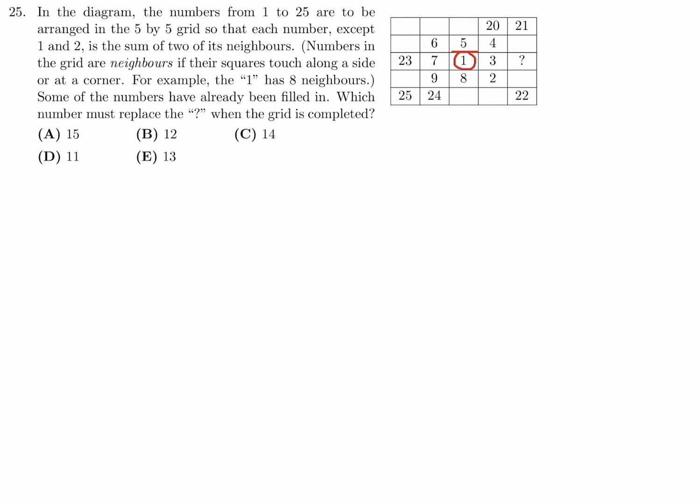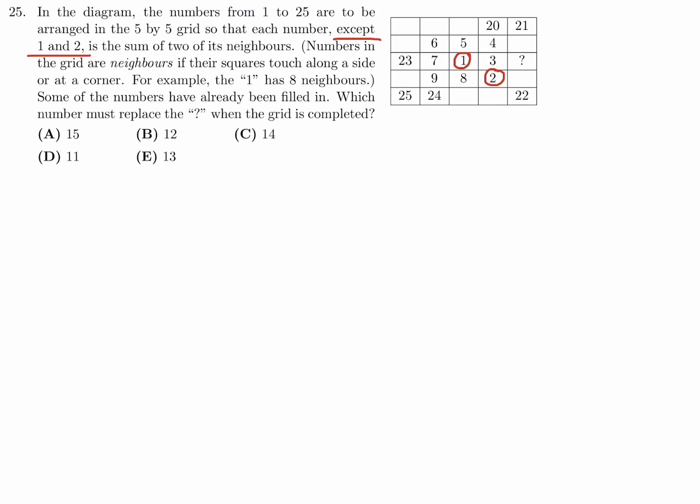So for example, number 1 shares a side with 5, so that's a neighbor. But number 1 shares a corner with 6, so that's also a neighbor. So that is how they're getting these numbers. 1 and 2 are the ones that are not included in this system. They tell you that, except 1 or 2, but everything else is included.